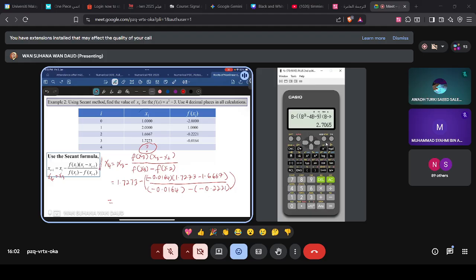So what is the value supposed to be for x4, guys? Anyone? What is the value of x4?